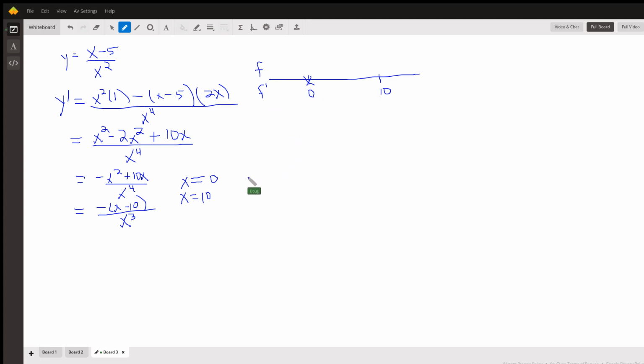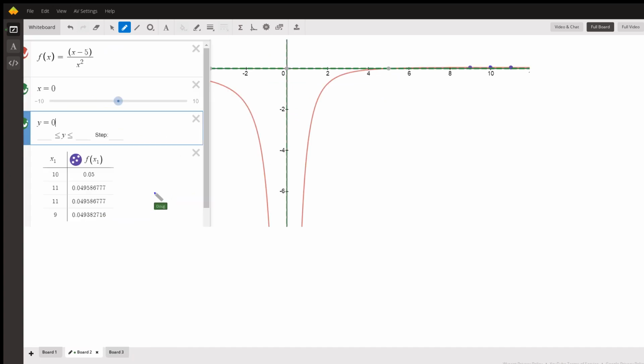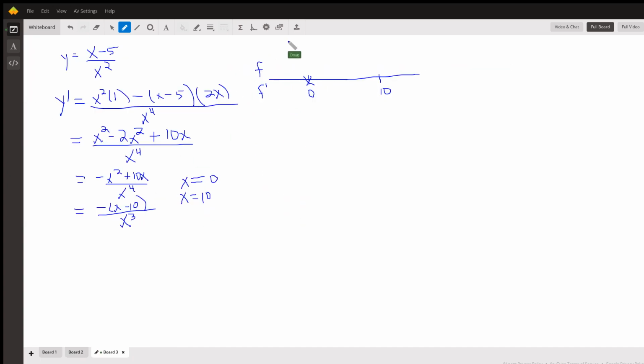So to the left of 0, like -1, let's put a -1 in here and see if we get a positive or a negative number. We get negative 11 divided by a negative, okay? So the function is decreasing to the left of 0.